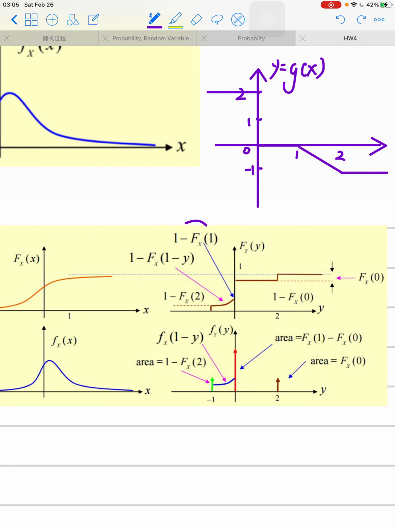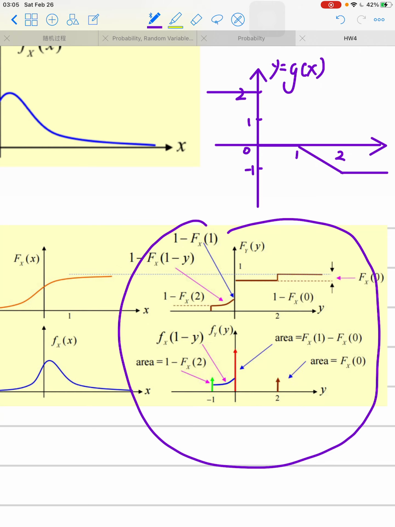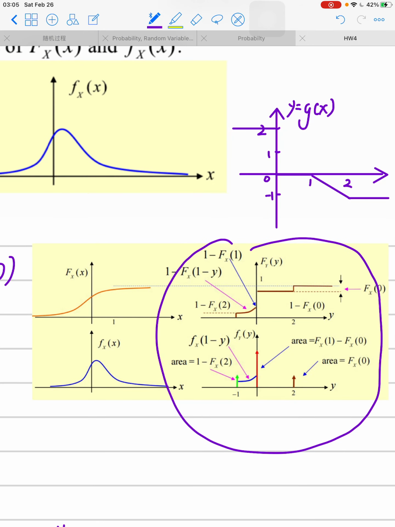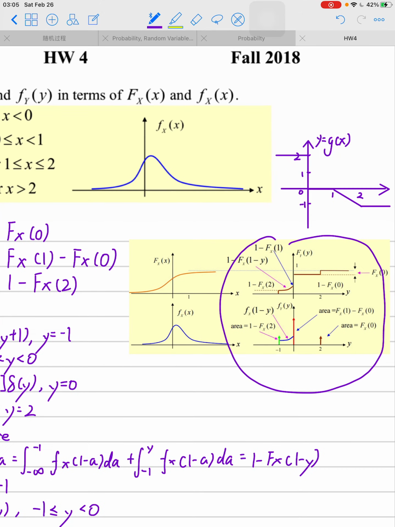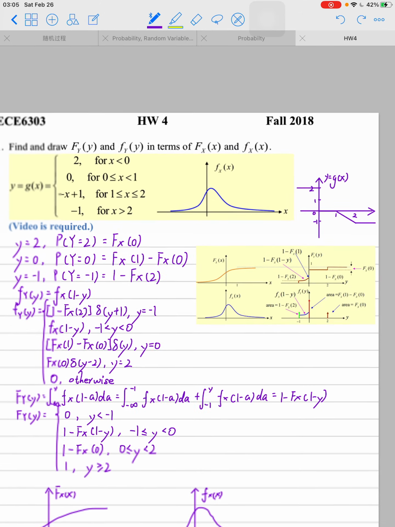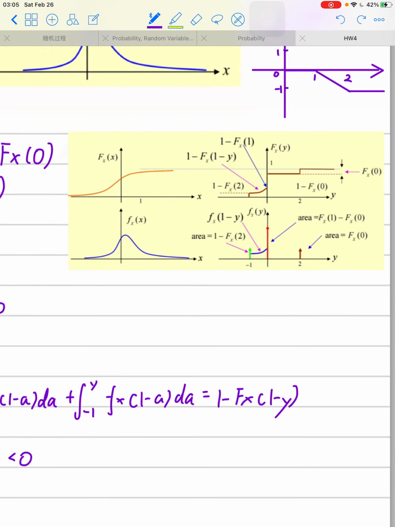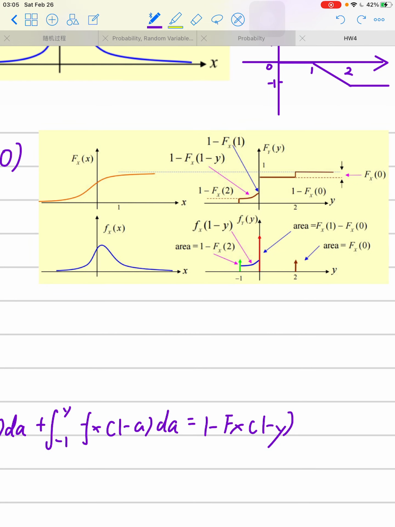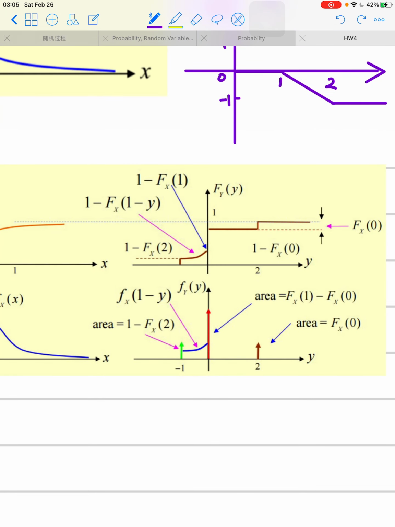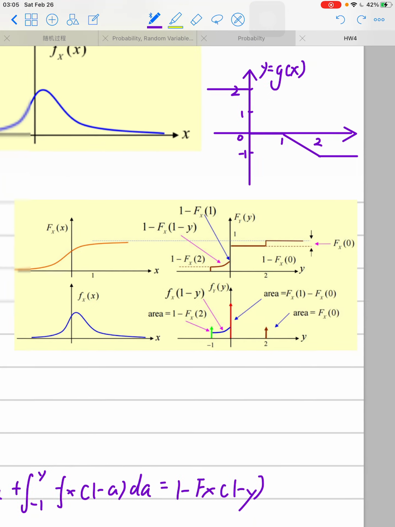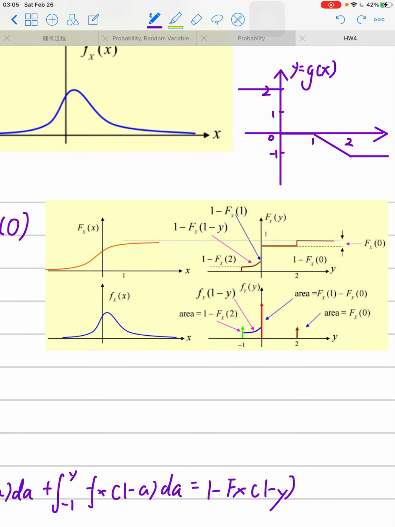And the two diagrams are F_Y(y) and f_Y(y). So we can get the two diagrams, F_Y(y) and f_Y(y).